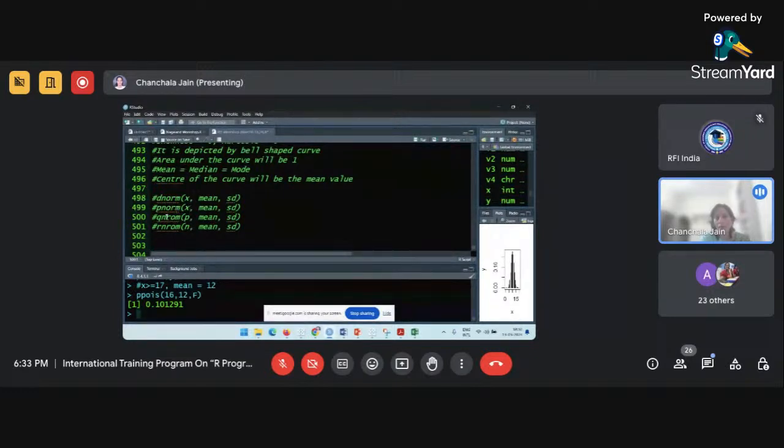Qnorm will give you the value of X when you know the probability, meaning it is the opposite of dnorm. Rnorm will help you generate n random numbers following the normal distribution, with a particular mean and standard deviation. Is it fine, sir? Do I need to repeat? No, I just wanted to say that the last 2 functions are spelled incorrectly.